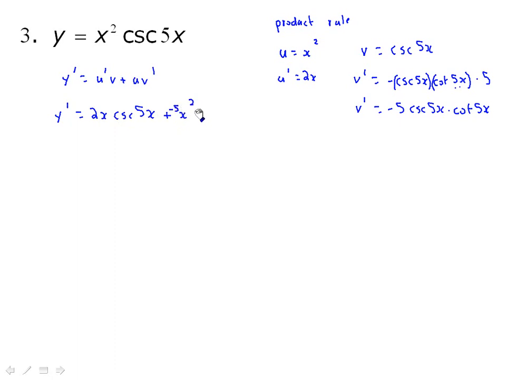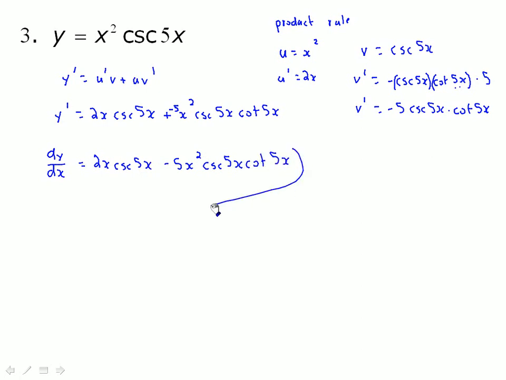So negative 5x squared cosecant 5x multiplied by cotangent 5x. And the only thing that I think we can really do with this one now is deal with that plus a minus. So dy/dx is equal to 2x times cosecant 5x minus 5x squared cosecant 5x cotangent 5x.